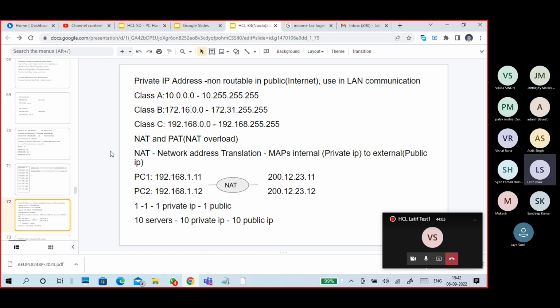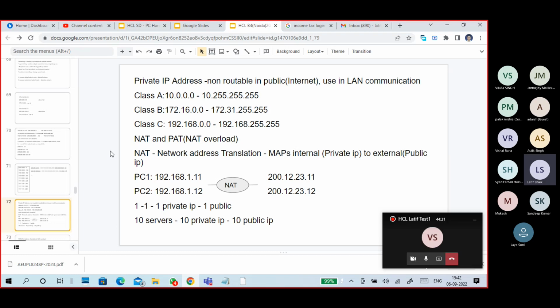My mobile phone is also private, my laptop is also private, the desktop is private. All are private only. But to communicate in the public, you need a public IP address. Your ISP, the internet service provider, will take care of your public IP communication.